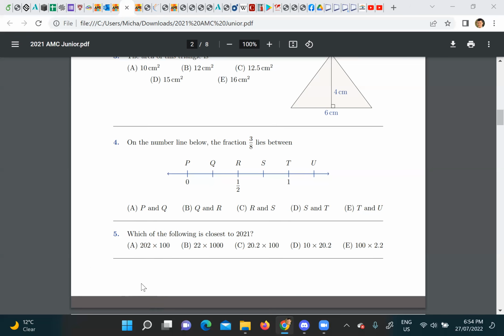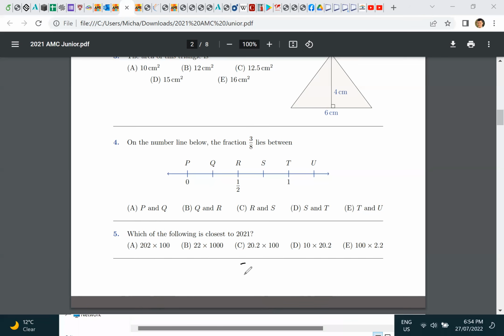Yeah. So C gives you 2002, yeah? 2020. Yeah? So this one gives you 202. And the other one gives you 220, 22,000, and this one gives you 20,000, yeah? So C.